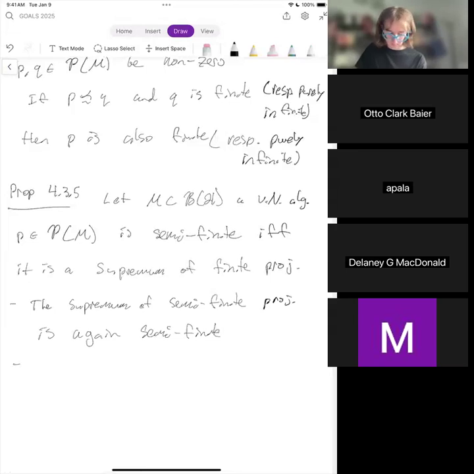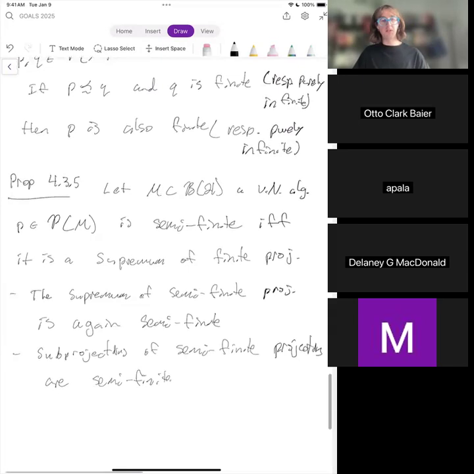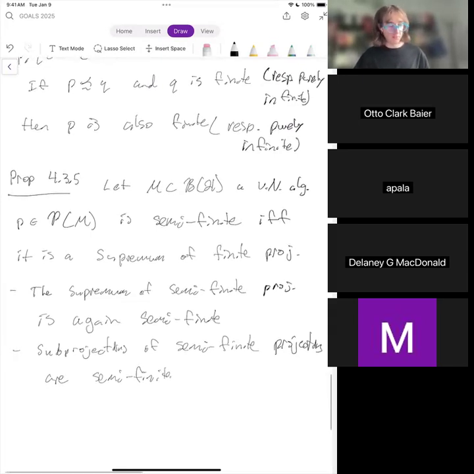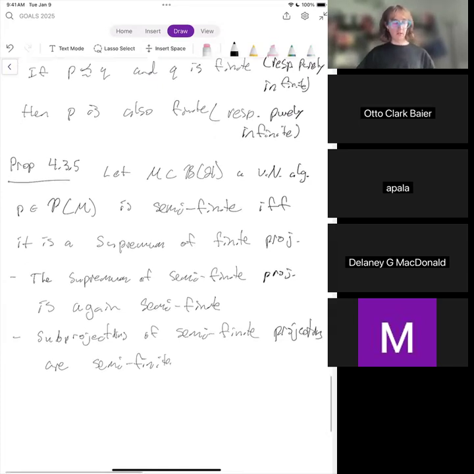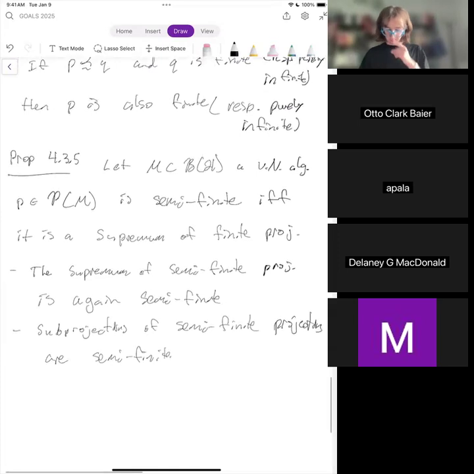And subprojections of semi-finite projections are semi-finite. So this becomes a useful property in some proofs that you can work with supremums of finite projections instead of the sums of orthogonal ones when you are dealing with semi-finite projections.